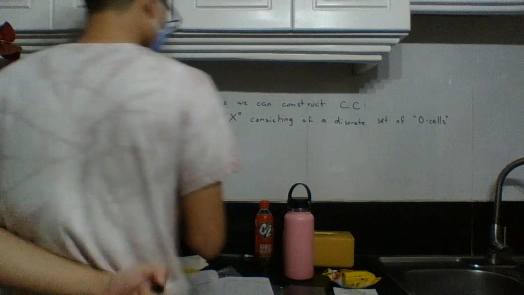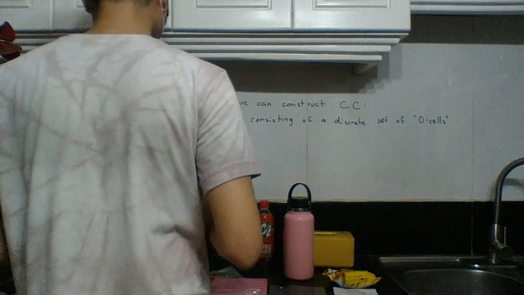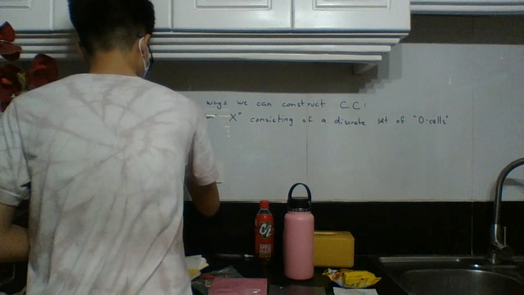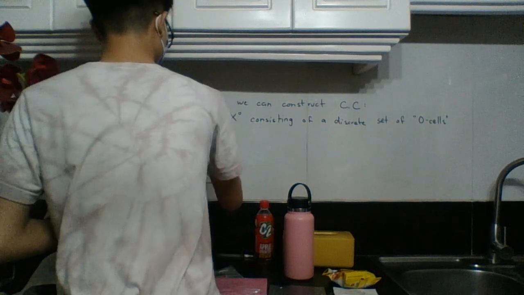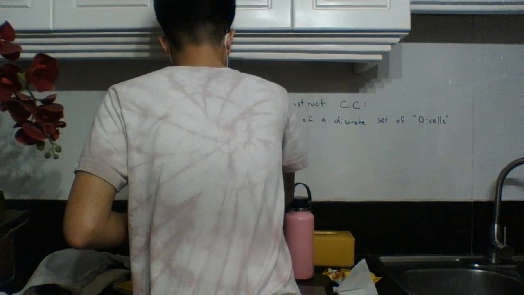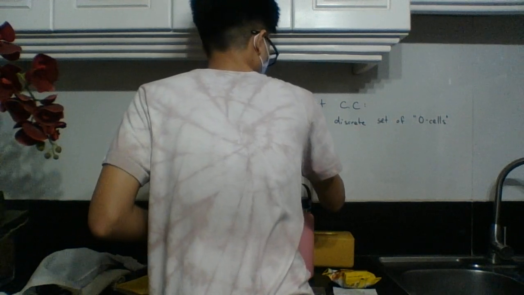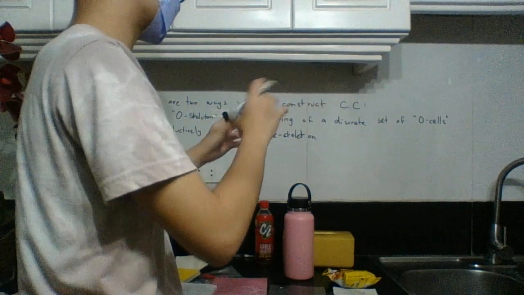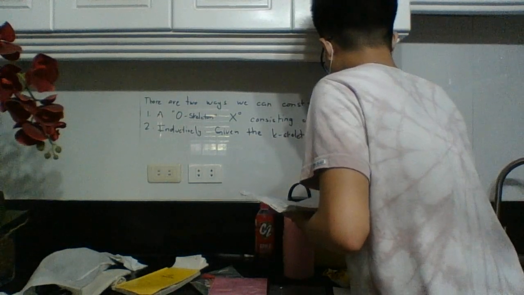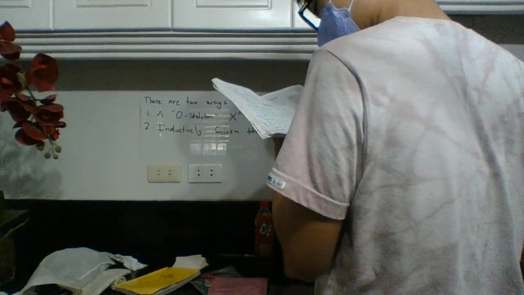Okay? So the second method of constructing it is inductively. Given the k-skeleton, which is basically just that polygon that we identify to construct that space, this time Xk, k is non-zero.